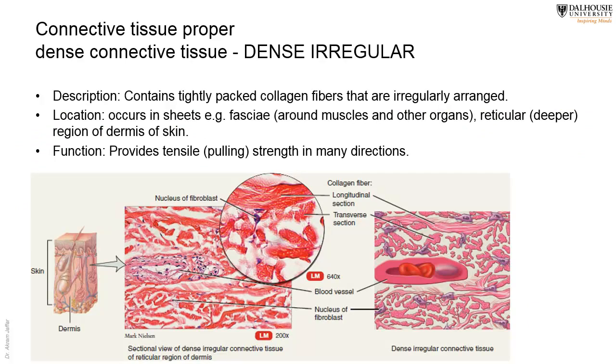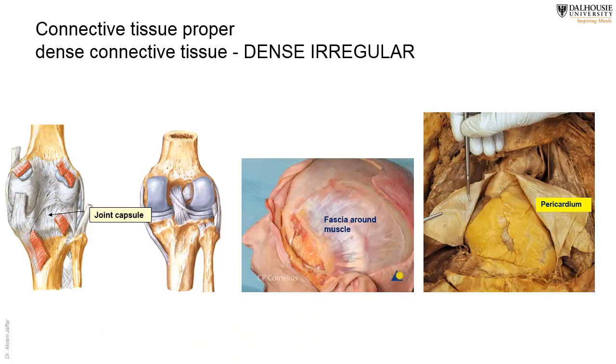We have the dense regular connective tissue, like in the tendons and ligaments. We have the dense irregular connective tissue, like in the fascia, in the capsules of the joints, in the deeper part of the dermis, as we will see next time when we talk about the skin. You will find that the dermis consists of two sublayers.